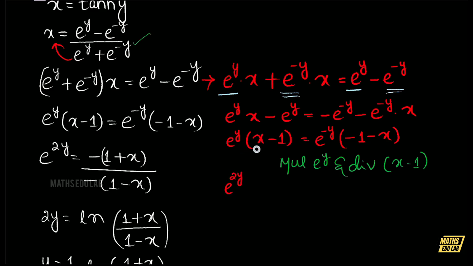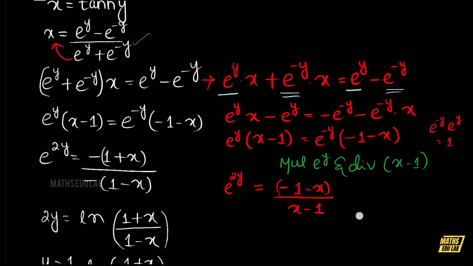Then here the x minus 1 will be cancelled out, which is equal to, again here e to the power of y multiplied by e to the power of y will be 1, because e to the power of 0 will be 1. Again here we get the value as minus 1. So here it is given as minus 1 minus x upon x minus 1.